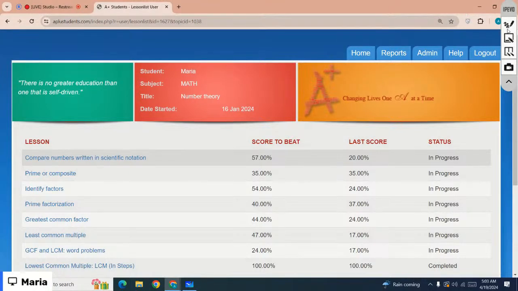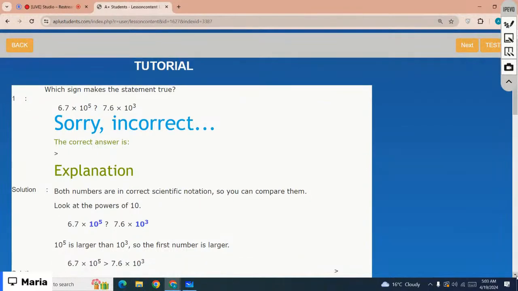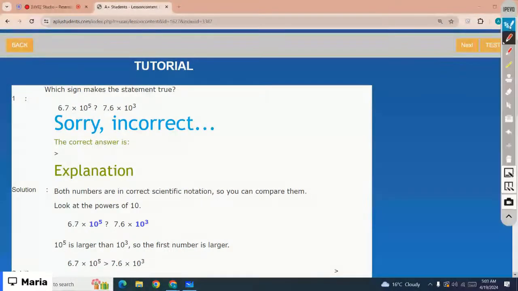So here I'm on grade 6 math. The chapter we're on is number 3. Let's just start with the first lesson, that is compare numbers written in scientific notation. Which sign makes the statement true? 6.7 times 10 exponent 5 and 7.6 times 10 exponent 3, right?